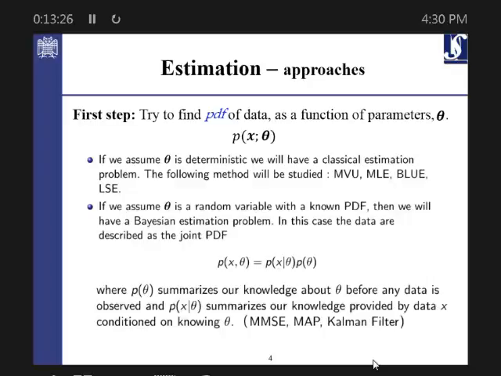In the first approach, the frequentist approach, we have the MVU, MLE, maximum likelihood, or the linear estimator, and this kind of methods. And in the Bayesian view, when you have both the observed data and the latent data, the hidden data, something that you don't see, when both of them are random variables, then you can have joint probability distributions.